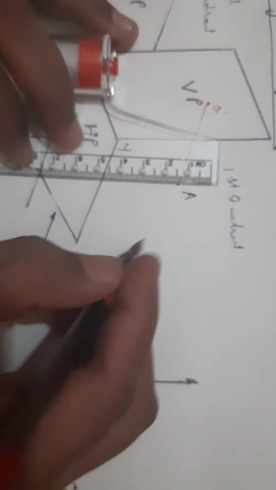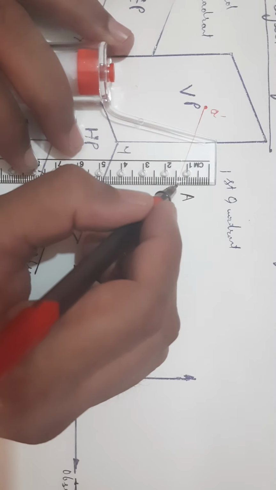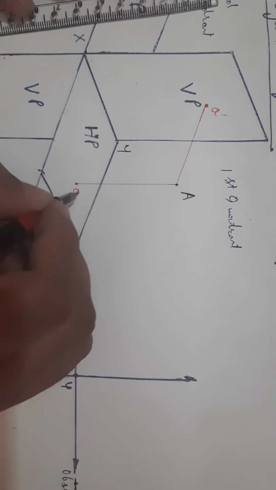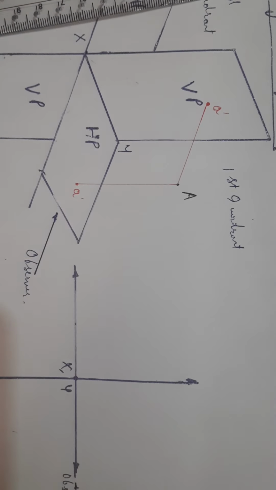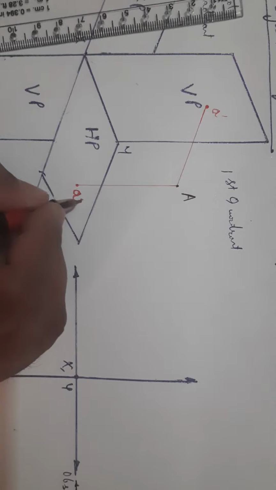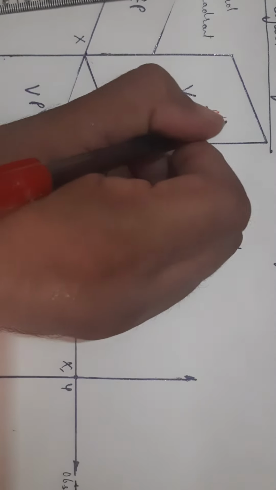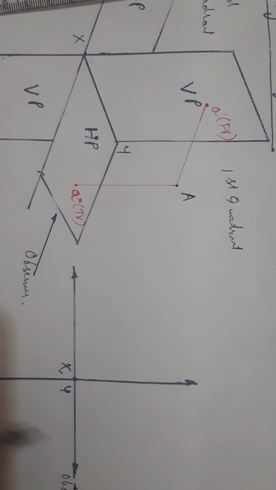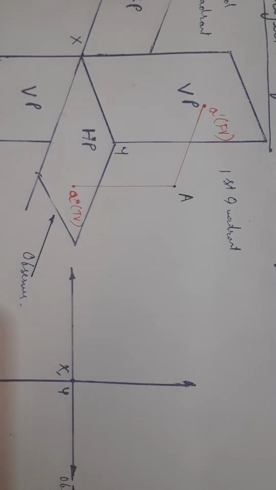So the projection will be over here and I will be mentioning it as the front view, that is A dash. From the top, if I project a light, its projection will fall on this particular plane, that is horizontal plane, that is A, point A, not A dash. So I will be mentioning this as the front view and this as the top view for better understanding of it. Same way I can show it over here.